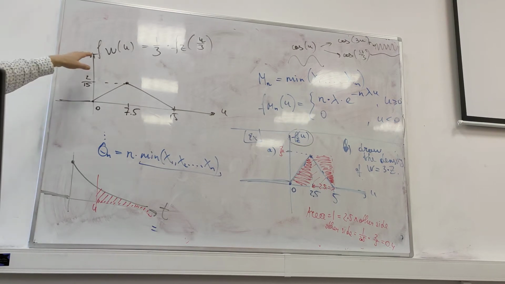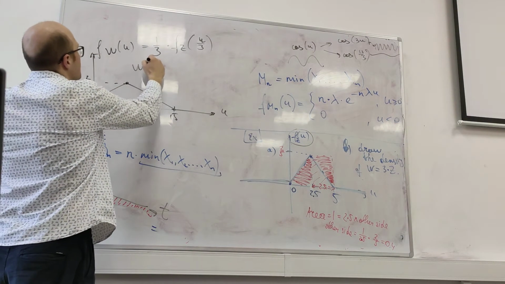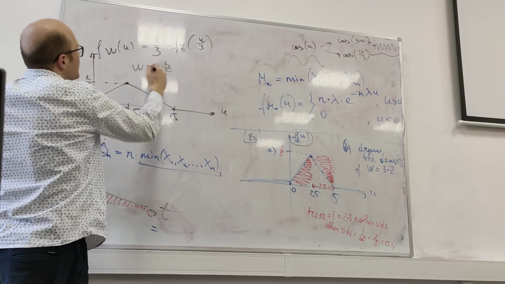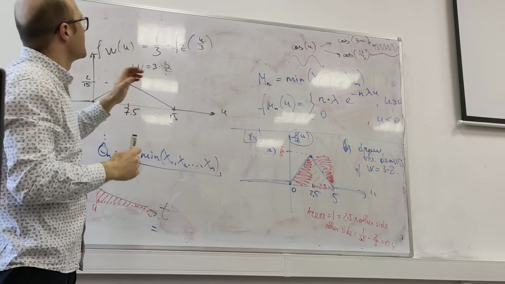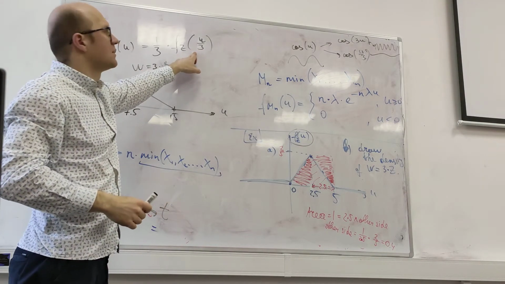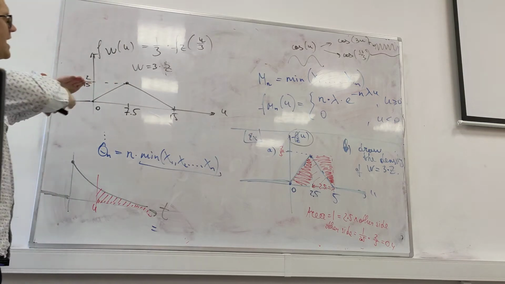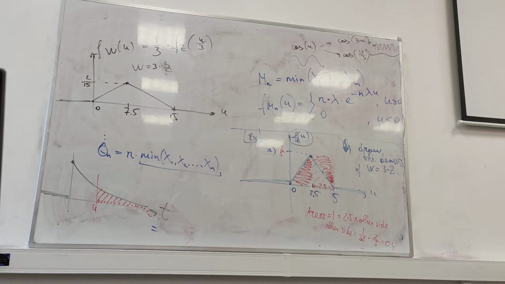So when W is 3 times Z, we need to do two things: dilate on the horizontal axis and contract on the vertical axis.